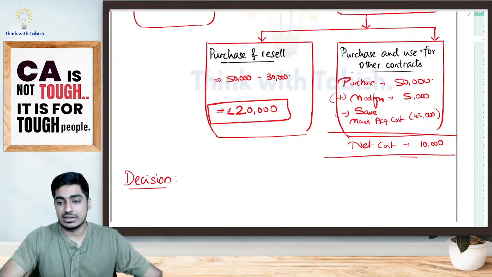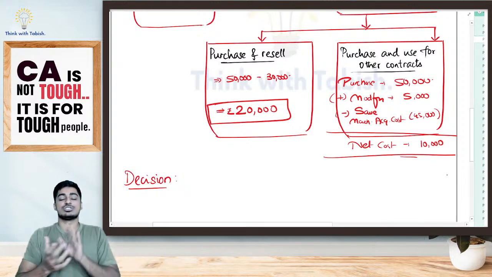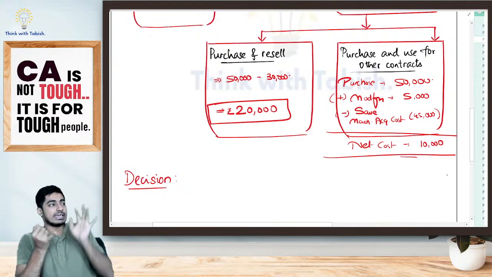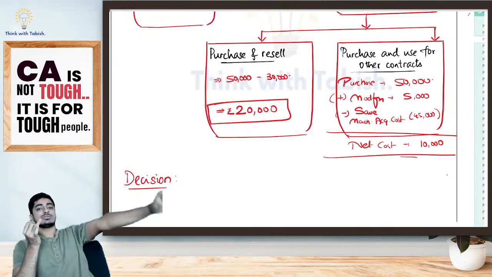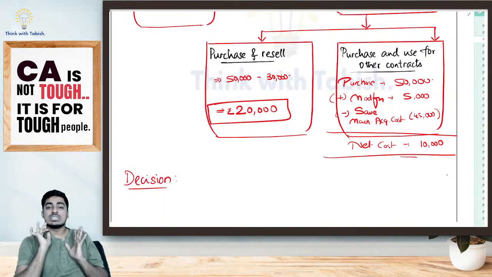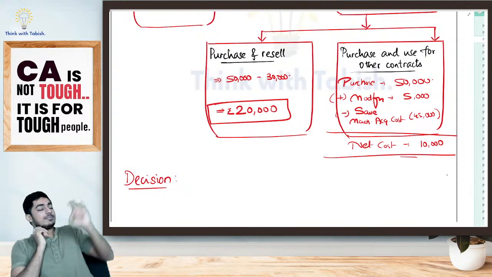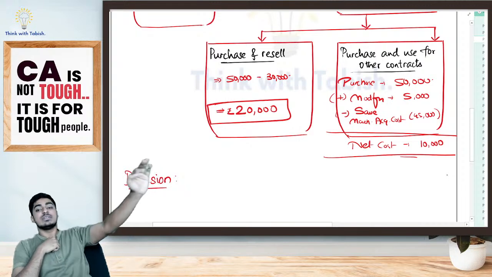Is it clear? You want me to repeat it again? Look at this. Option number 1, hire, I am paying 15,000. Option number 2, purchase, I have paid 50,000. Resell, I am getting 30,000. Net I have incurred is 20,000. Option number 3, at the time of purchase, I have paid 50,000. Again for modification, I have paid 5,000. Total, I have paid 55,000.